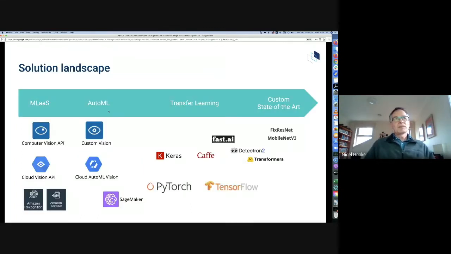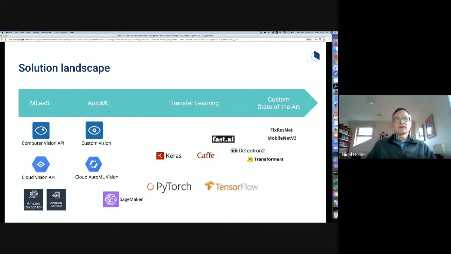So when it comes to building computer vision applications, there's a spectrum of machine learning solutions that you can see here laid out from the left across to the right, with the easy to use general purpose techniques on the left and the more complex and highly specific on the right. So machine learning as a service on the left includes services from each of the major cloud providers, Azure, Google Cloud, and Amazon.